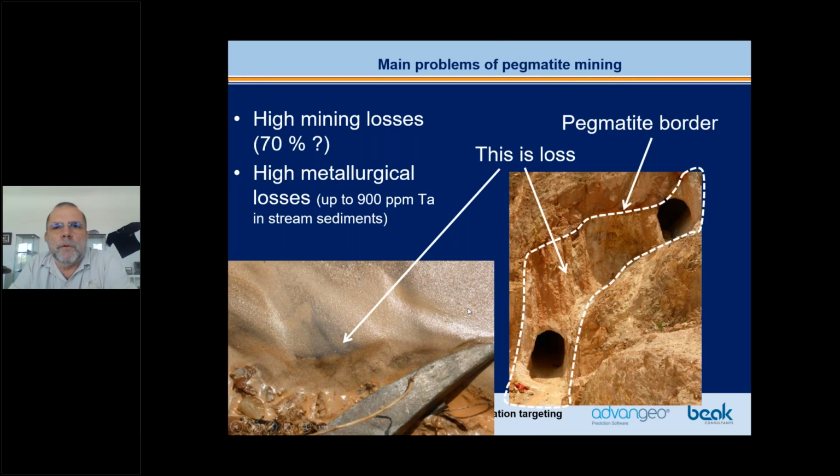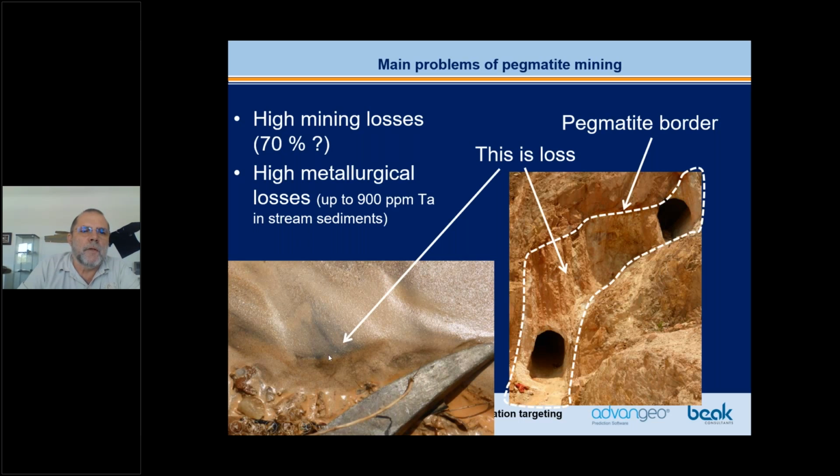Another very, very important issue is the losses. We already discussed it. It's also important when evaluating a target. So we can see here huge mining losses and also metallurgical losses. So this is all tantalite.